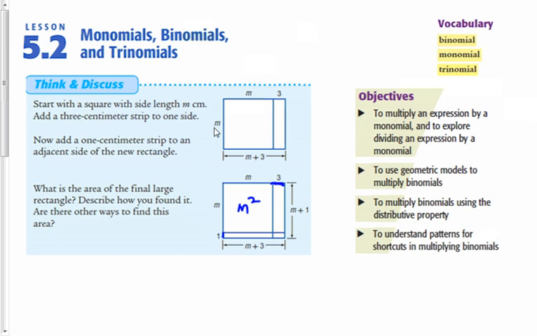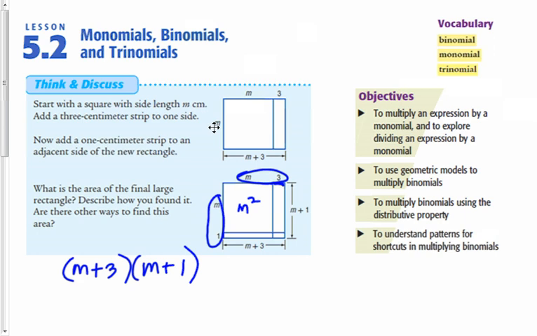Now we have a new rectangle that's a little bit bigger, and notice we have 4 areas to add together to get its area. One way to represent this area is to take this length, m plus 3, times this width, m plus 1. Remember, area is just length times width. The other way is by adding the 4 parts together that you see here.